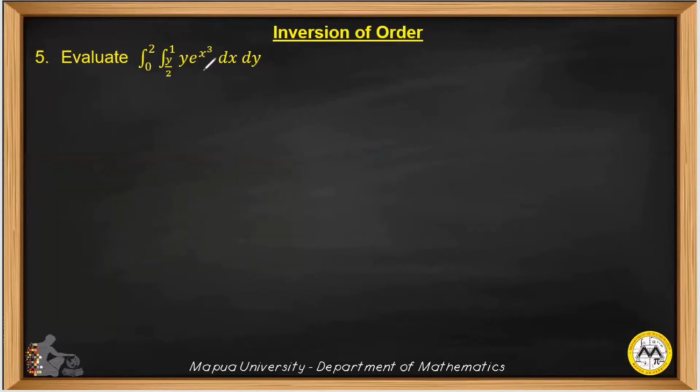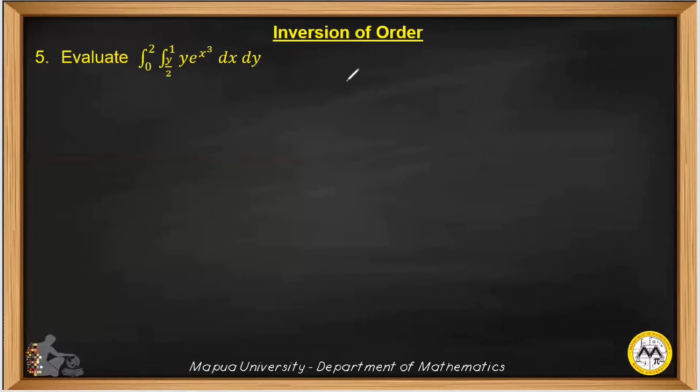Therefore, we can try reversing the order. Meaning from the differential dx dy, we will reverse the order to dy dx. But of course, when we reverse the order, we will consider also changing the limits corresponding to the reversion of order.